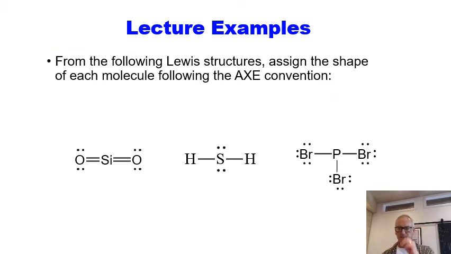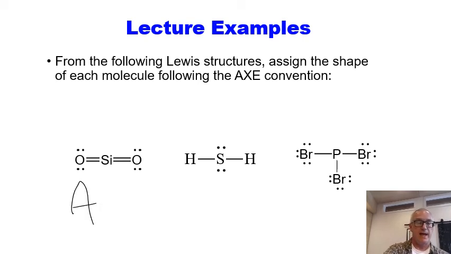Right, let's have a look at these. I'll give you a second to figure it out, and then we'll do it together. All right. Since you have the picture, you don't even have to figure out what the central atom is. If you had a formula, you'd have to figure that out. So here I have silicon in the middle.